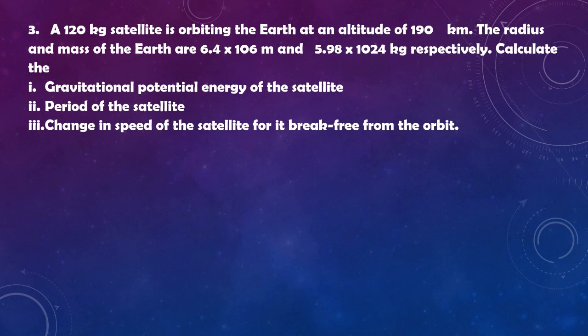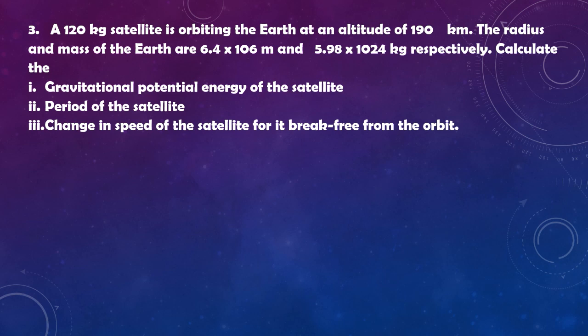The radius and the mass of the Earth are 6.4 times 10 to the power 6 meters and 5.98 times 10 to the power 24 kilograms respectively. Even though the constants are given in the question, for the mass and radius of the Earth, we use the values in the question.